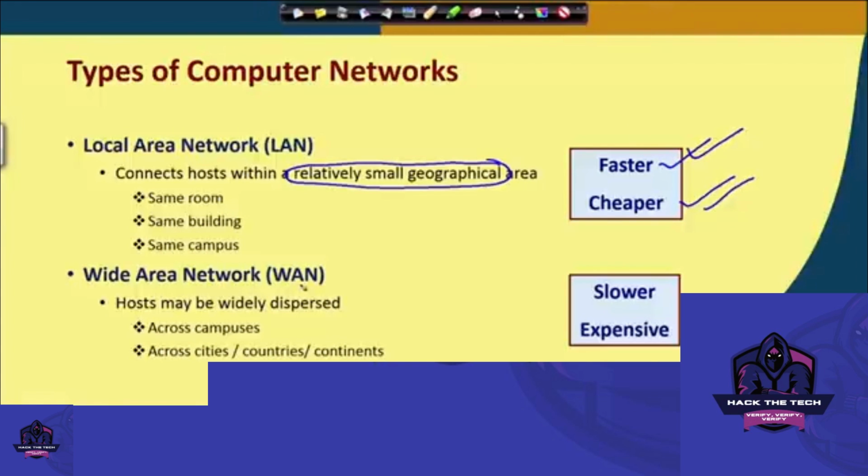Talking about wide area networks, they are used to connect devices or networks which are widely separated, across campuses, cities, countries or even continents. Traditionally, such wide area networks were relatively slow, so they are slower compared to local area networks, and also expensive in the long run.